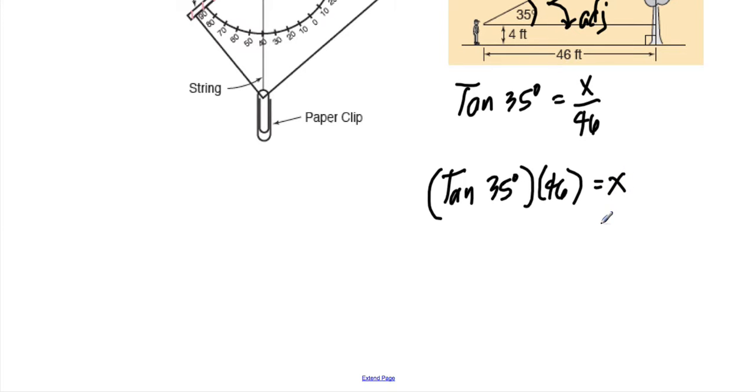And tangent 35, let me check that, is 0.700. Multiply that with 46 feet, and that will give us 32.210.